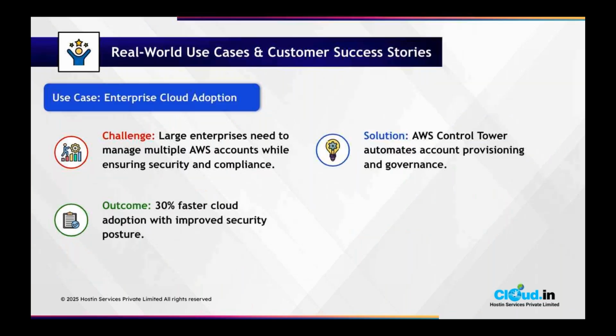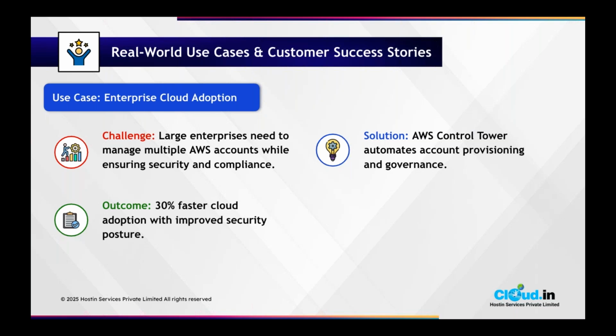Then next are the real world use cases and customer success stories. In this, we have an enterprise cloud adoption use case. Let's look at the real world scenario where AWS Control Tower made a difference.